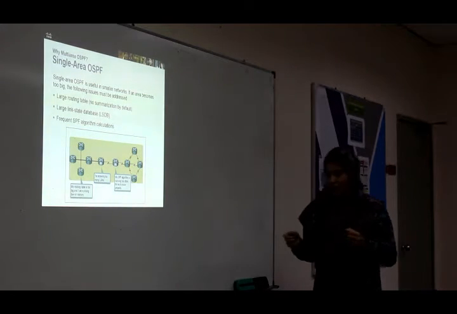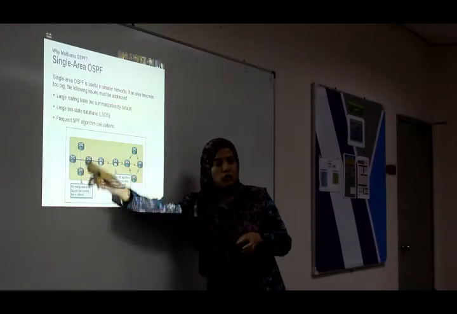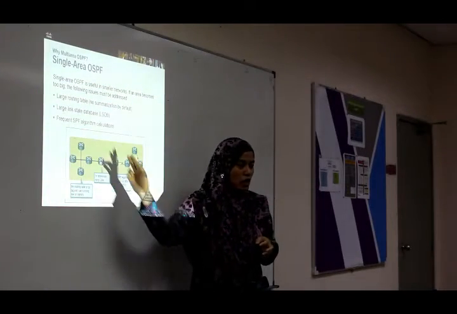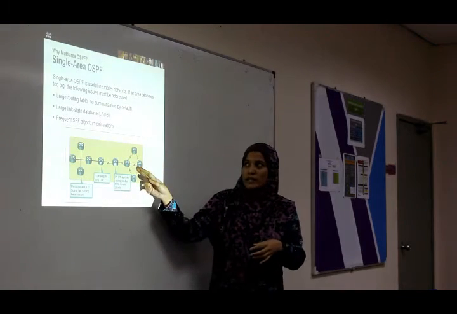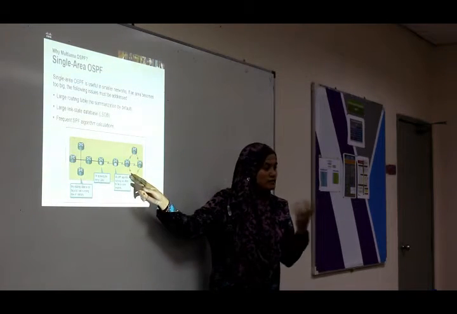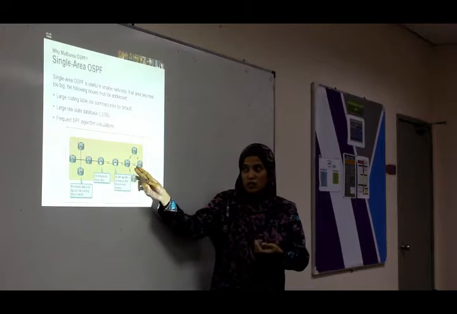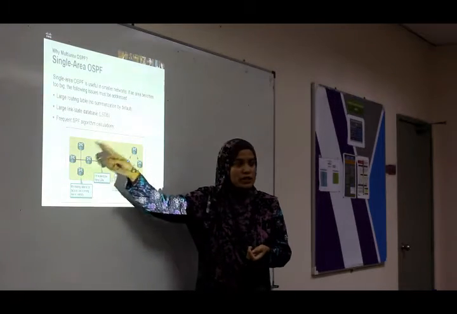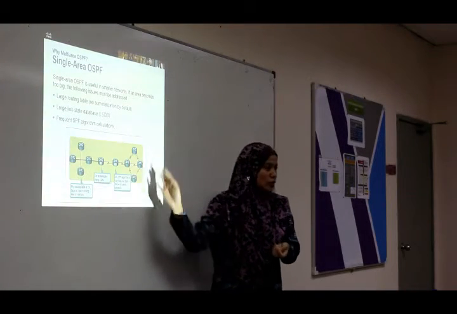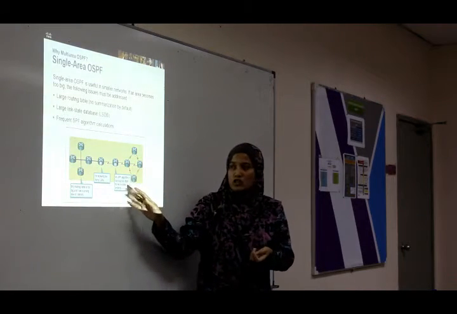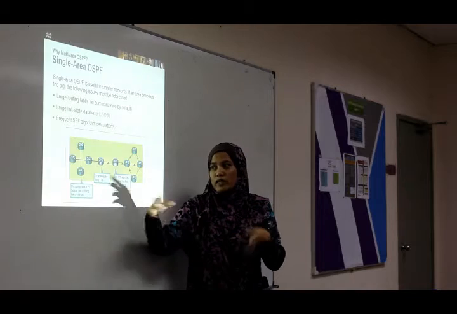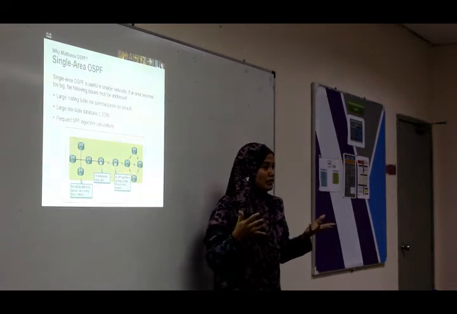So let's say I have a network. This is our network. I configure all the devices within the single area OSPF, let's say area 0. So I have information about all the routers, all the networks within that area. So automatically our routing table will be too big, right?